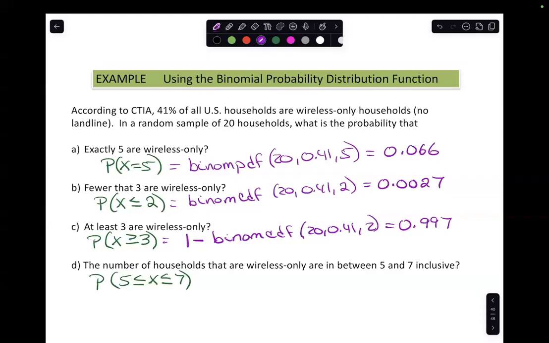All right, how'd we do? The important thing on letter C, at least 3 means not X less than or equal to 2.